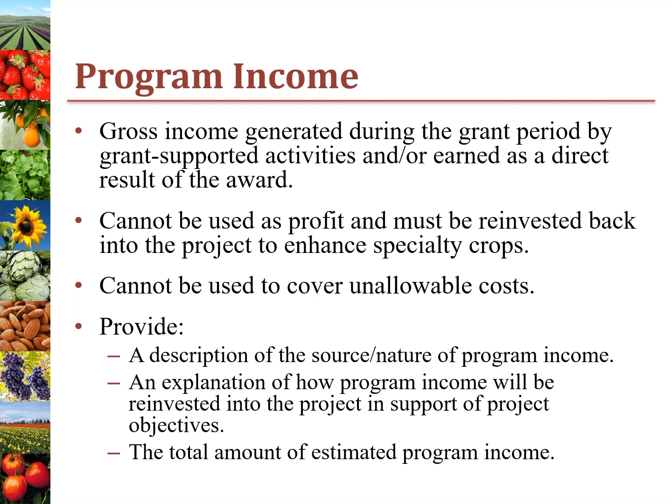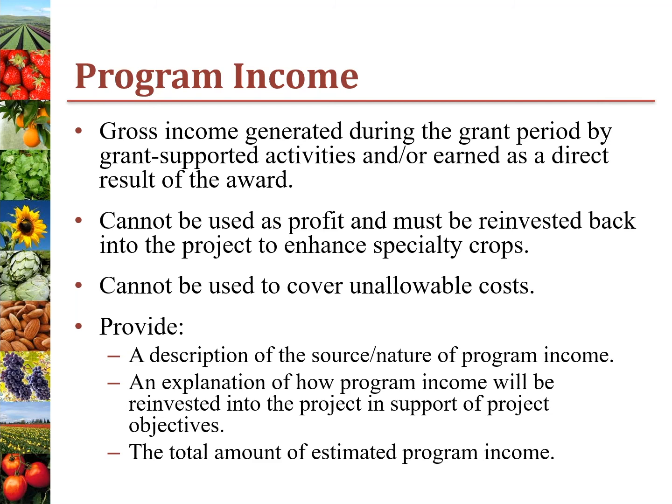Most projects will not generate any program income, and no preference is assigned either way. Program income cannot be used as profit and must be spent before the end of the grant period in compliance with restrictions on allowable and unallowable costs and activities.